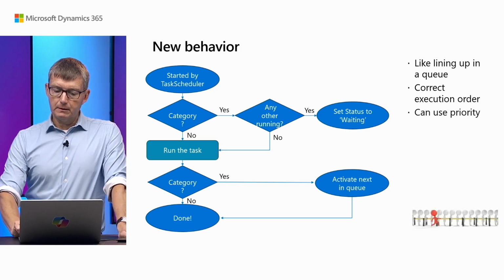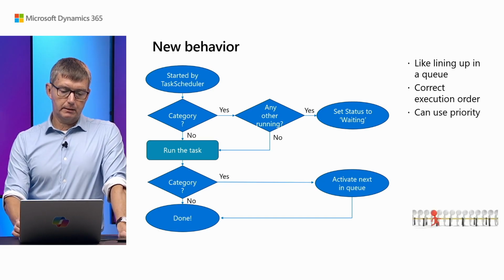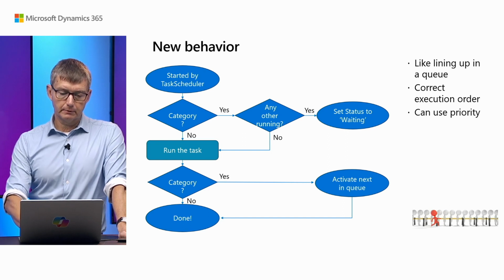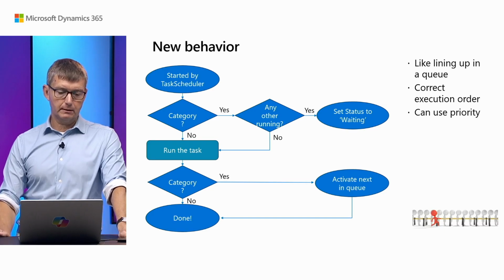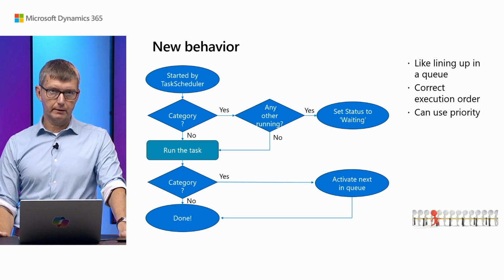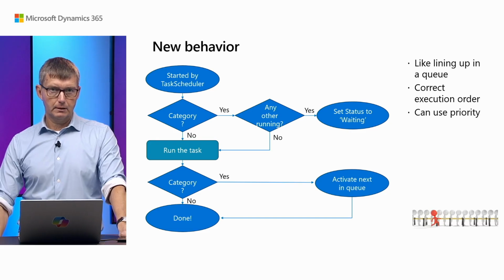And finally, since we pick the next number down here, we can actually introduce priority. We can allow someone to skip the queue because we actually did have a customer who had a lot of sales postings and purchase postings, all with very, very large orders, thousands of lines. So each single order would take minutes.